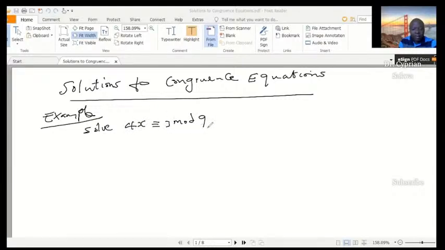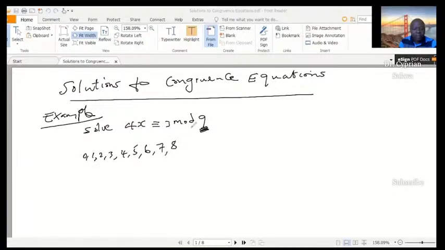Now, this is a very easy question because the modulus here is relatively small. If the modulus is relatively small the way it is, we can use trial. We try all the numbers of mod 9. So mod 9 will mean numbers 0, 1, 2, 3, 4, 5, 6, 7, 8.